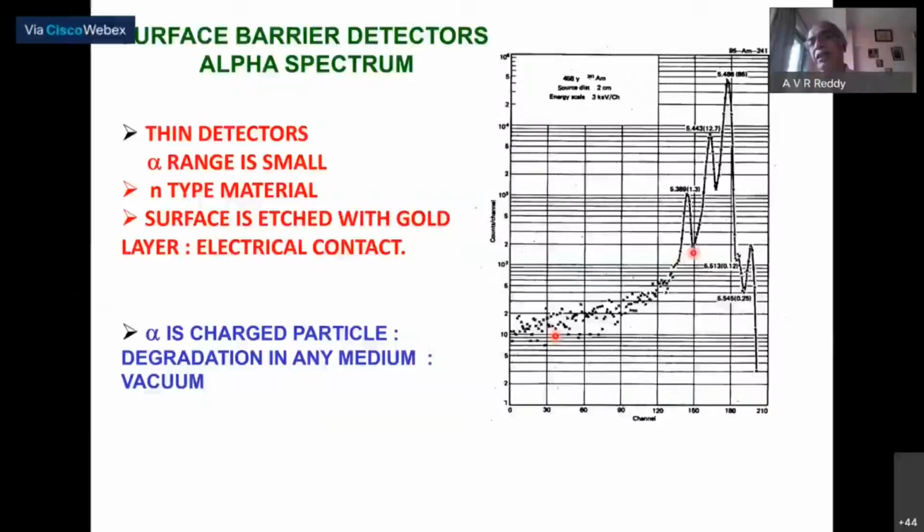The right side is symmetric. This left side degradation is because of the alpha particle undergoing collisions, or collisional loss. Even though the source is made thin, there will still be molecular layers. While alpha is coming out of the source, when it is emitted from the interior, it will undergo collisions with the same material and its energy will be degraded.